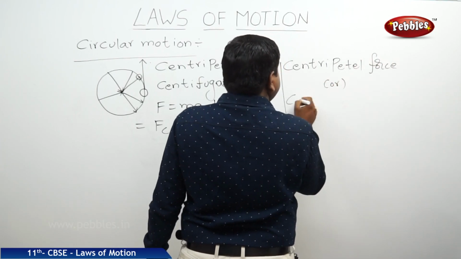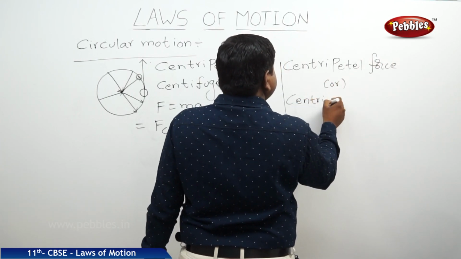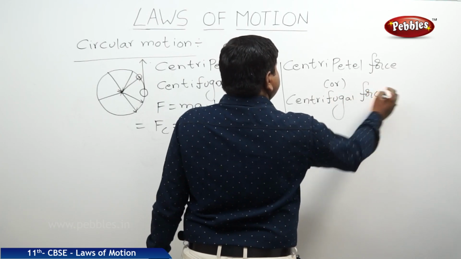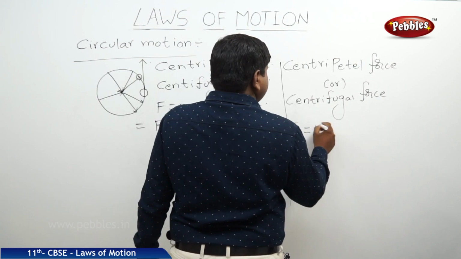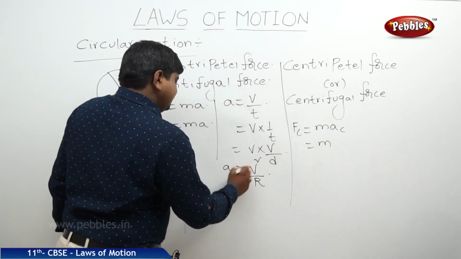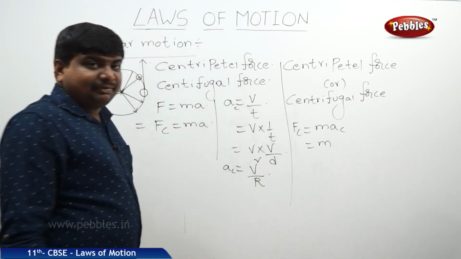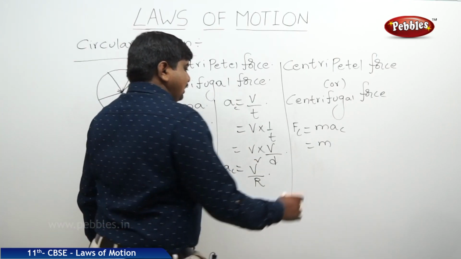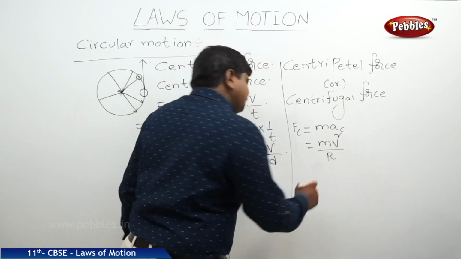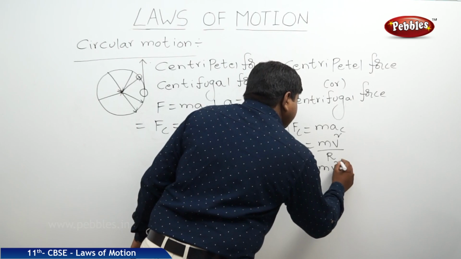Therefore centripetal force or centrifugal force Fc is equal to m ac. Here ac is nothing but the centripetal acceleration, v square by r. So we can write it as m v square by r.